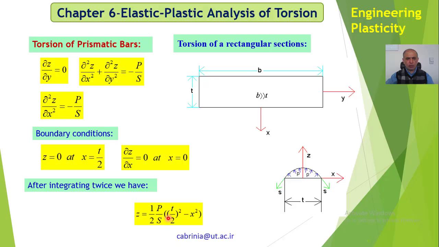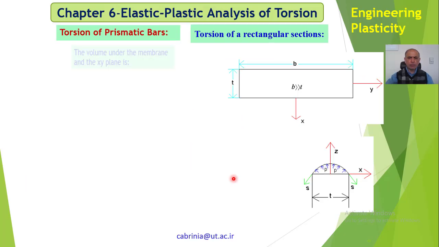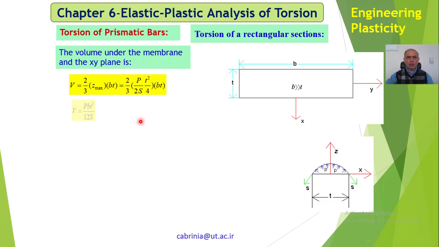After integrating this equation twice, using these boundary conditions, we have z equal to half p over s times (t over 2 squared minus x squared). Also we want to know the volume under the membrane in the xy plane.